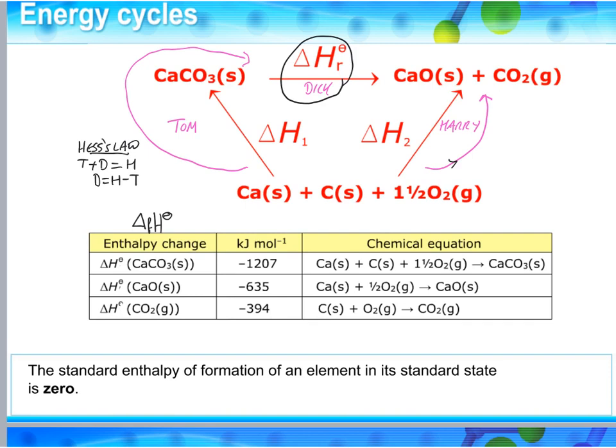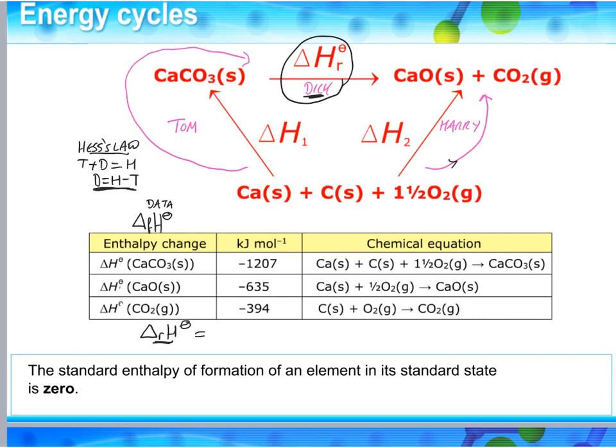So what we can now do is put our values into this equation. Instead of using an energy cycle, we could write a general equation if we are given enthalpy of formation data. So our little equation, for the enthalpy change for any reaction that you can't measure, if you're given enthalpy of formation data: here you can see that Dick, this one here, is the enthalpy of reaction.